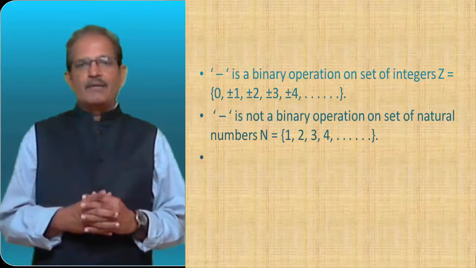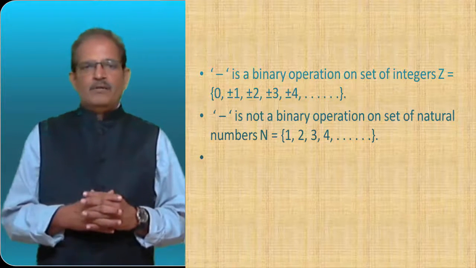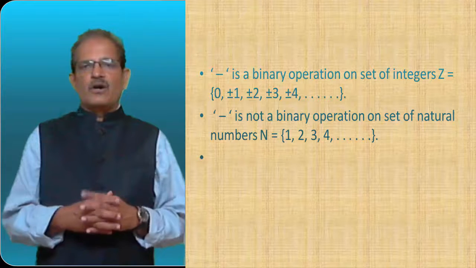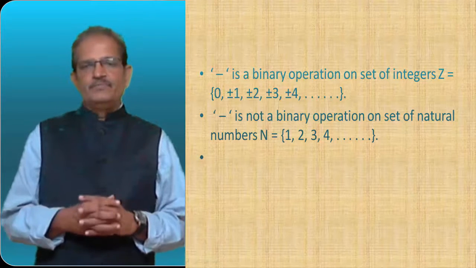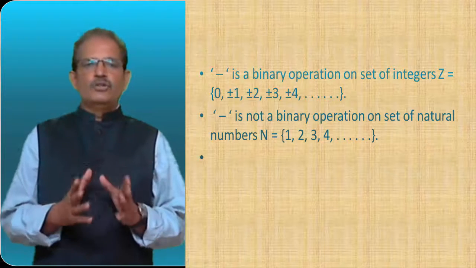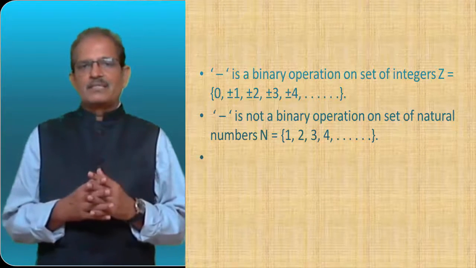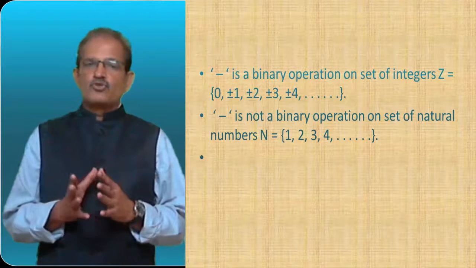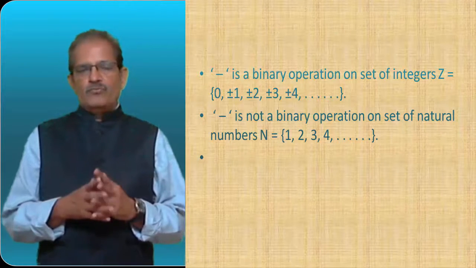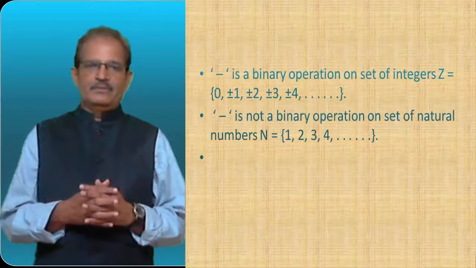Likewise, you take minus, that is usual subtraction. Minus is a binary operation on set of integers. So Z is equal to set of integers 0, plus or minus 1, plus or minus 2, plus or minus 3, plus or minus 4, and so on. On this set, I take minus as the operation.